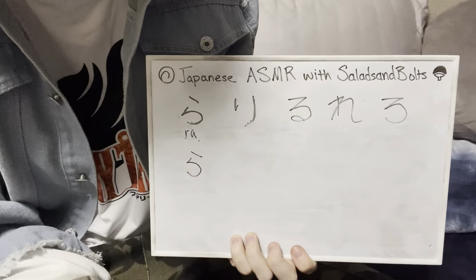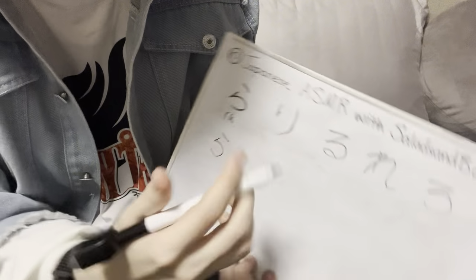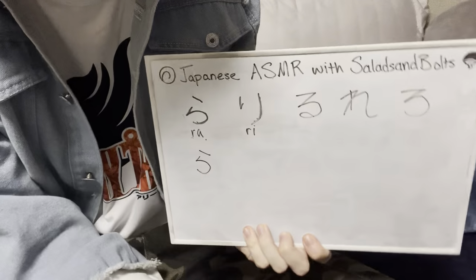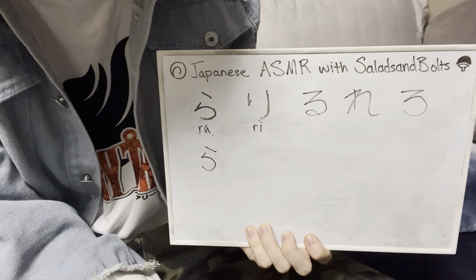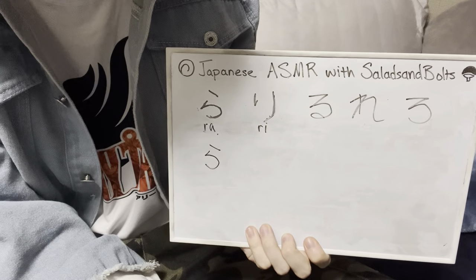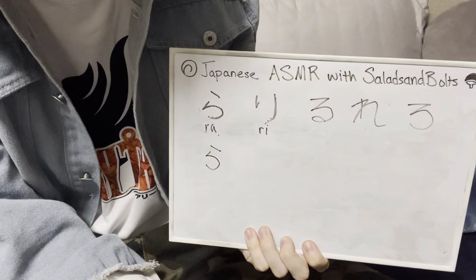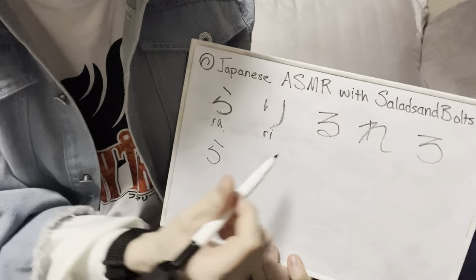Okay. Next is this one, which is ri. Ri is really easy to remember because it almost looks like this, but upside down.